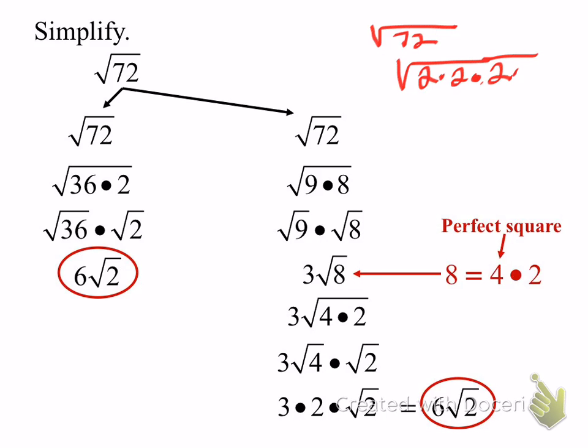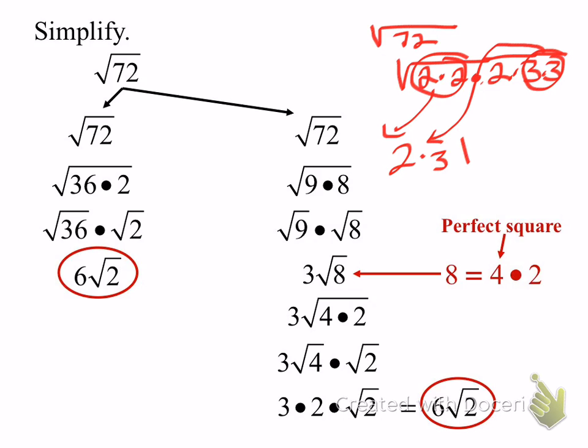And 9 is made up of 3 times 3. That's how she did it. And she said, oh, here's a perfect square to pull. And here's a perfect square to pull. And I'm left with 1 radical 2. 6 radical 2. So it doesn't matter which route you go. You have to pull your perfect squares out.